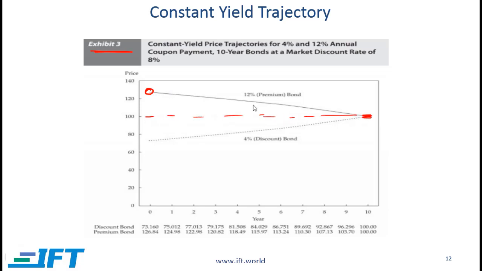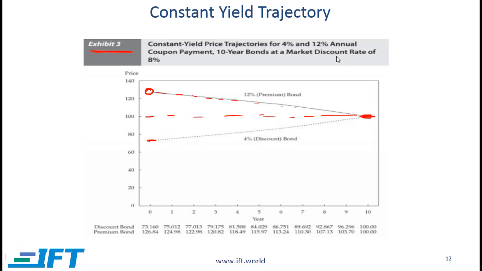If the yield stays the same, the value of the premium bond will come down, and this is called pull to par. If we have a discount bond, initially the price of the discount bond will be less than par, but over time, even if there is no change in the yield, the value of the bond will increase until it gets to par value at maturity.